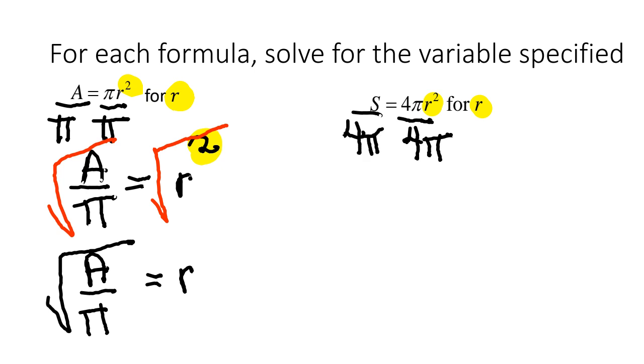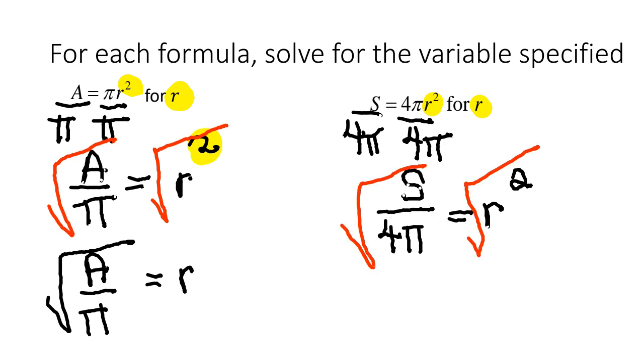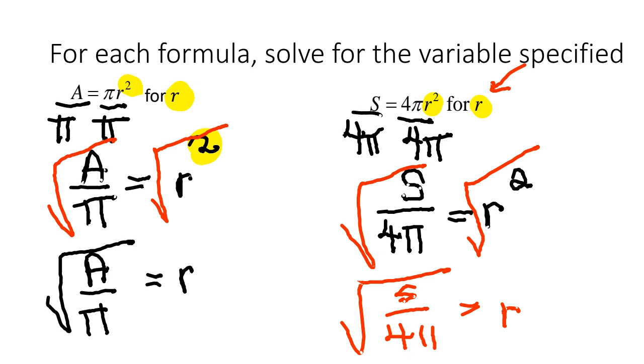That means r squared is equal to the fraction of capital S over 4 pi. But I have to take the root of both sides to get a single r, which means my answer is the fraction S over 4 pi underneath the radical.